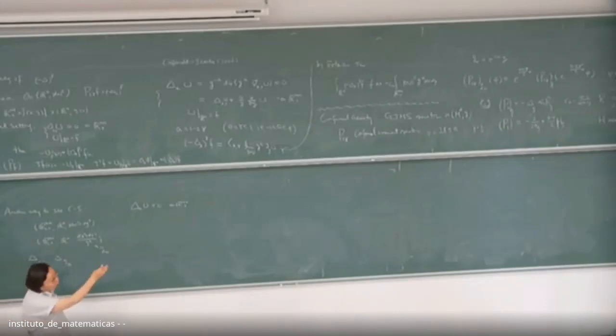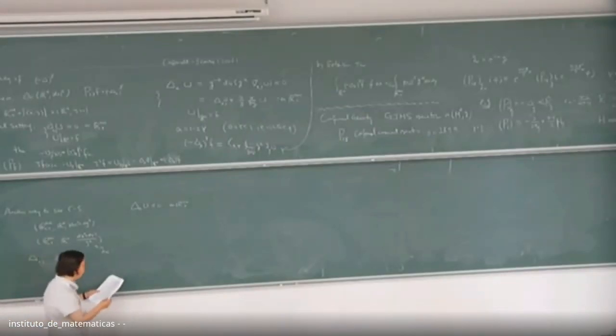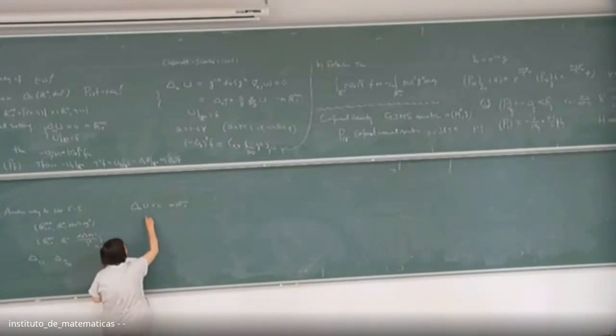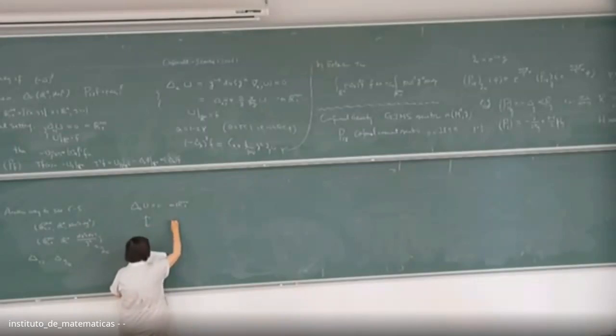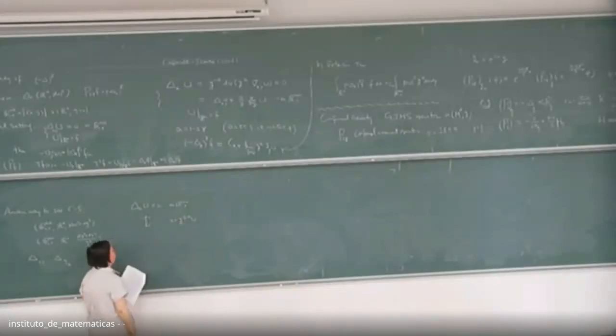So if you use the conformal covariant property of these operators, you can rewrite this. When we rewrite this, we notice that u is equal to y to the s minus n times a new u, and I'll say what that s is.